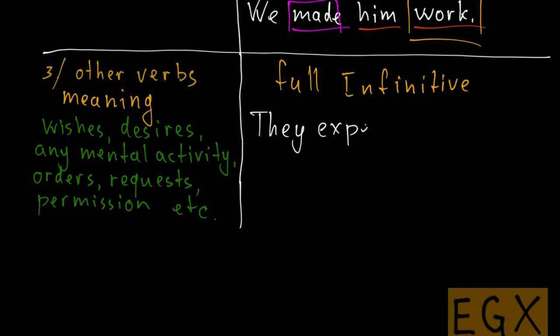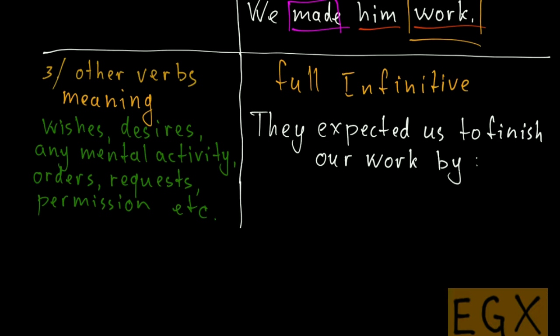Let's have an example. They expected us to finish our work by noon. Something like that. So, what do we have here? We have the verb expected. It's some kind of mental activity, and it also means some wish or some desire.